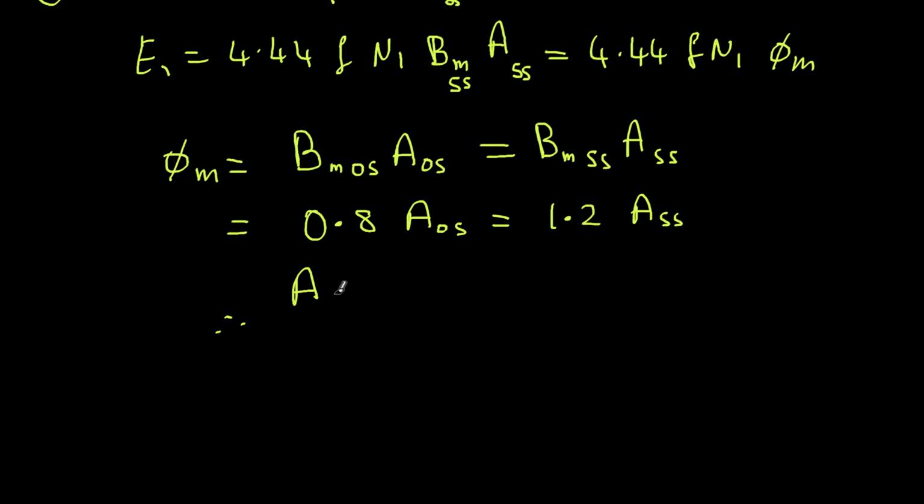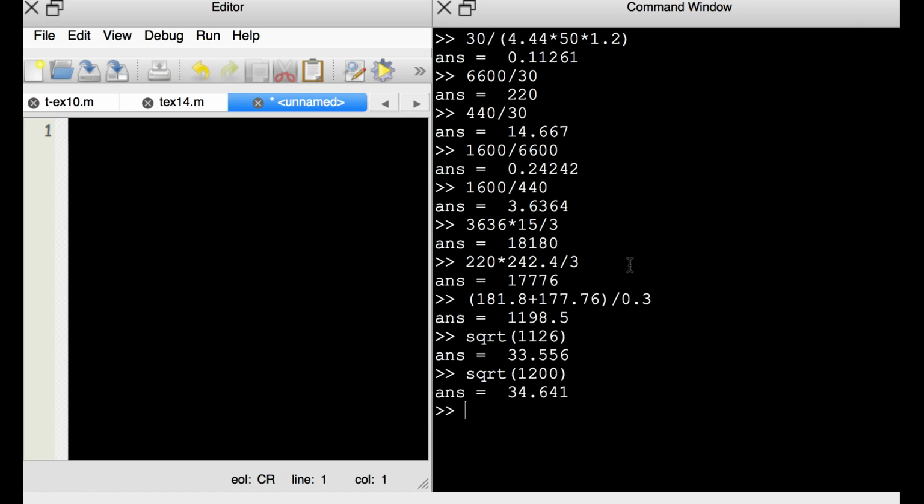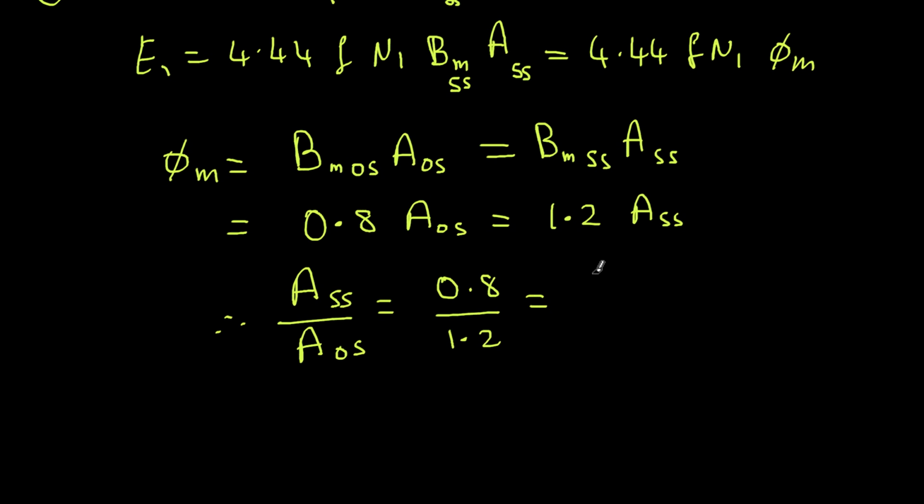The ratio of area of cross section of silicon steel by area of cross section of ordinary steel will be 0.8 by 1.2, and that will be 0.8 divided by 1.2. I'll get 0.667.